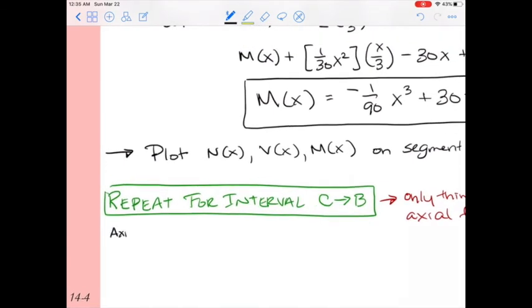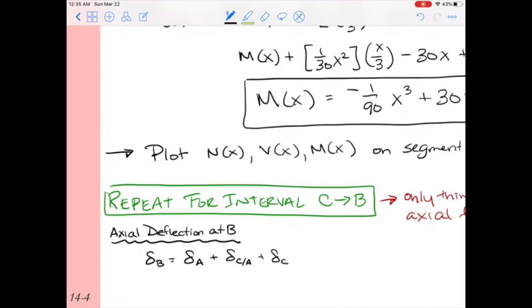My first step would be to quickly come up with a kinematics condition for the deflection at B. So that kinematics condition would be delta B equals delta A plus delta C relative to point A plus delta B relative to point C.